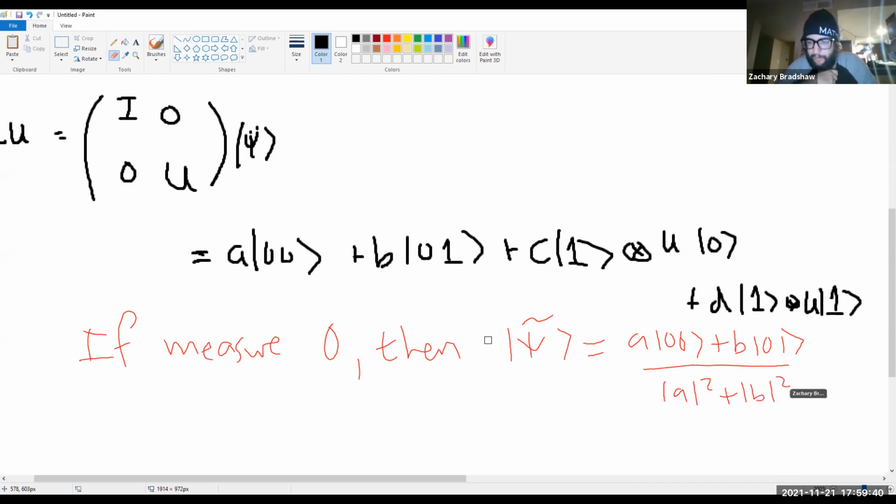So that's my postulate, right? After I make my measurement, if I get 0, then this is the resulting state. And the probability of getting this is the A squared plus B squared part on the bottom.